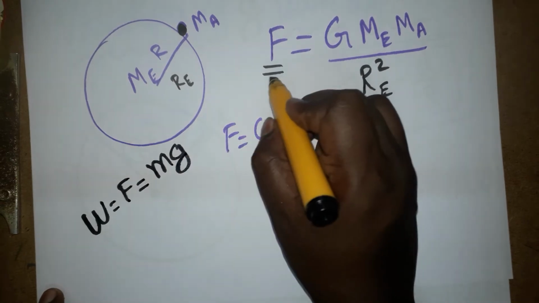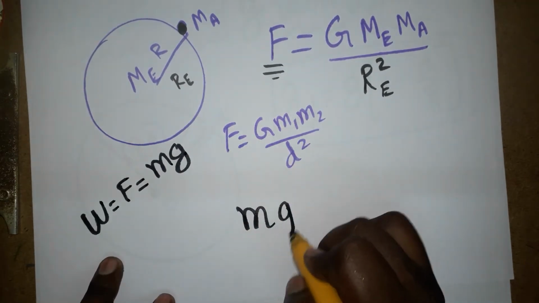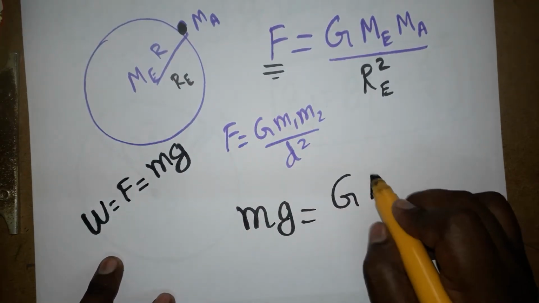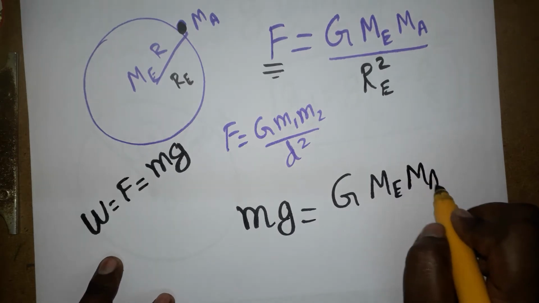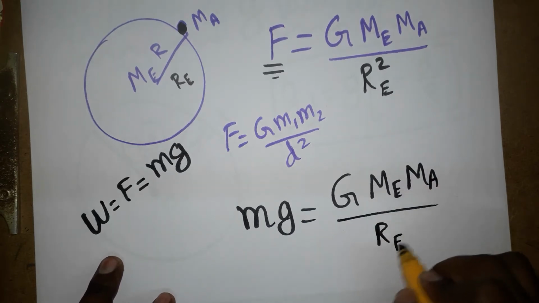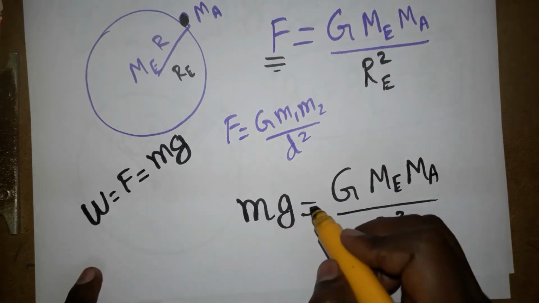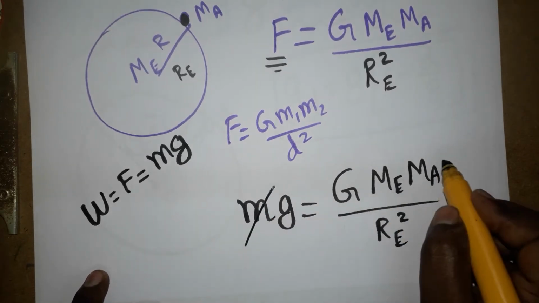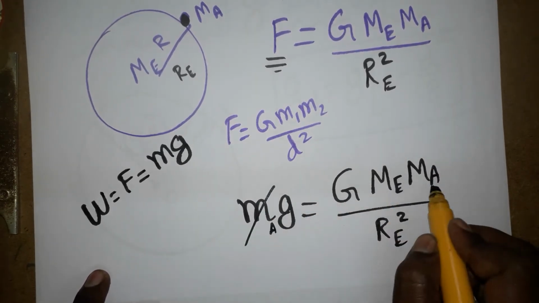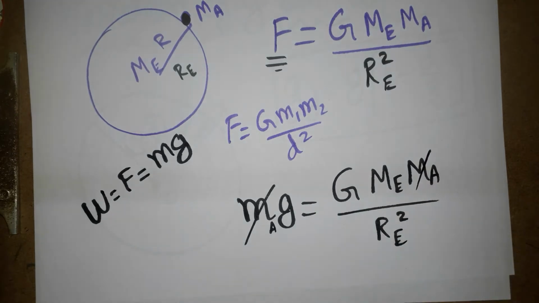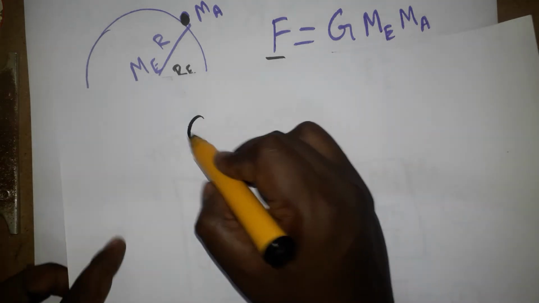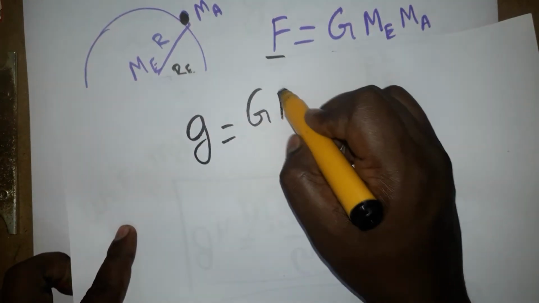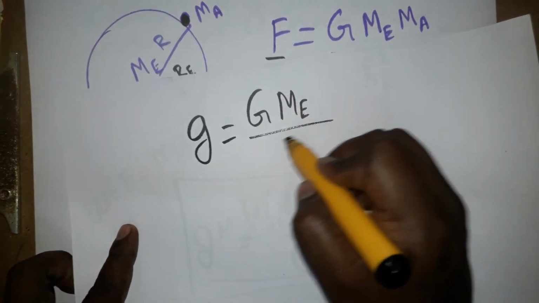So mg is equal to G times the mass of the earth times the mass of the apple divided by the radius of the earth squared. The mass of the apple gets cancelled, so we get small g is equal to capital G times the mass of the earth divided by the radius of the earth square.